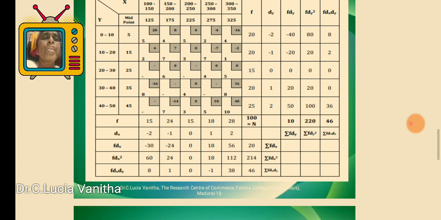Now dy we have got, that dy is minus 2, and my dx is minus 2. Minus 2 into minus 2 is 4.